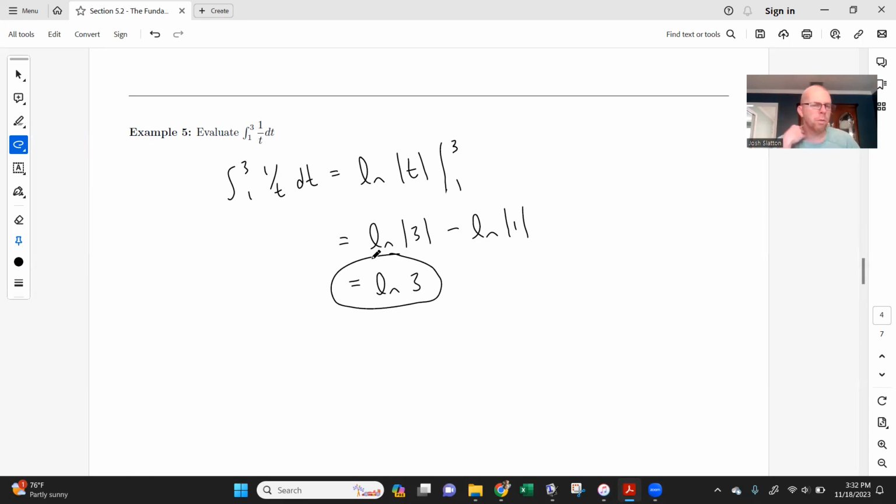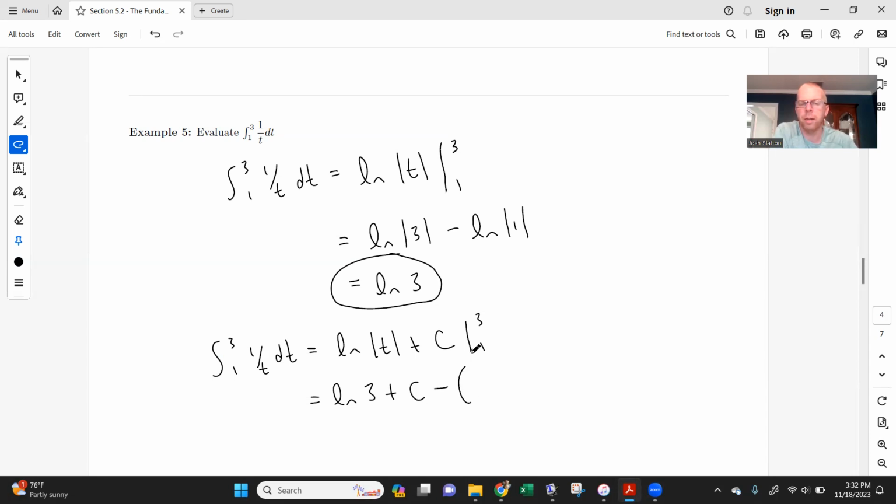Now, if you do add in the constant, what would that do? So let's just look at this real quick. If you do add in the constant, it won't matter. The constant does not do anything to help you at all. So antiderivative plus c, evaluate at the limits, and we have ln of 3. Now, if you evaluate c when x is 3, it's just going to be c.